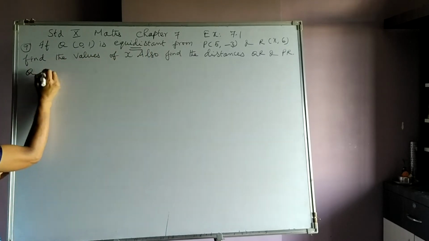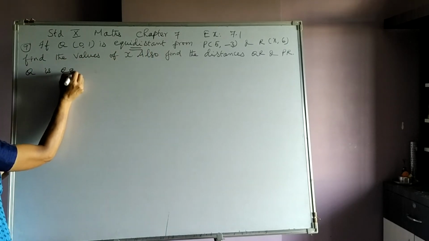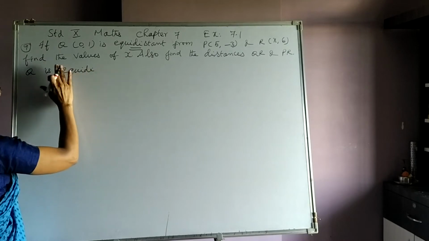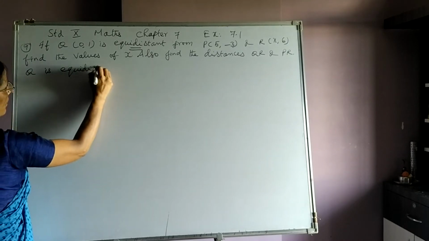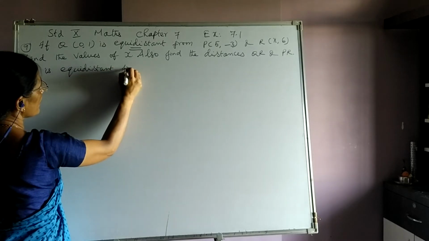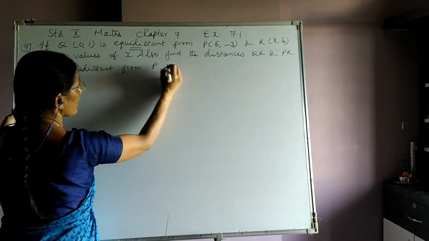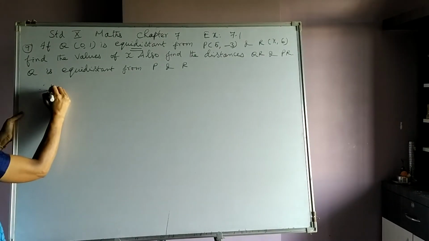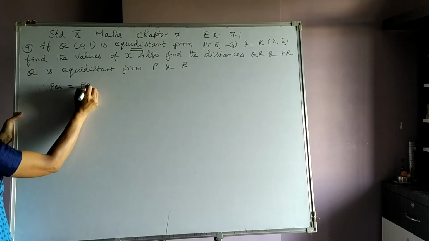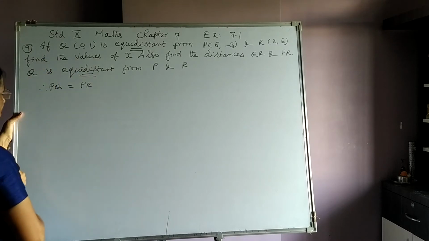Q is equidistant from P and R. Therefore, PQ is equal to QR. Understood the meaning of the term equidistant.